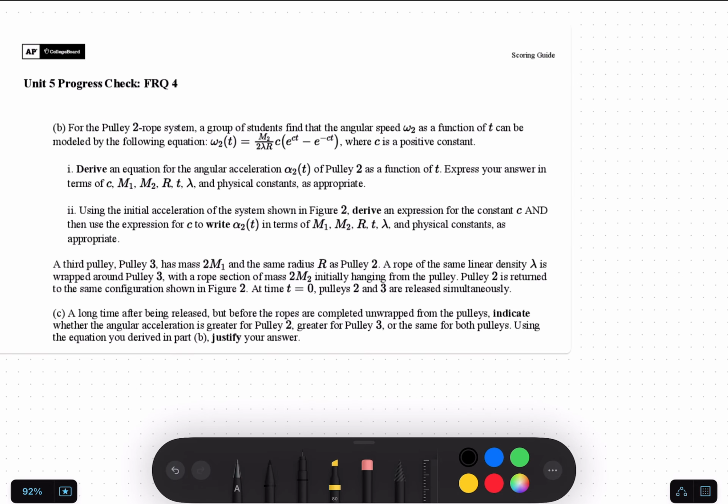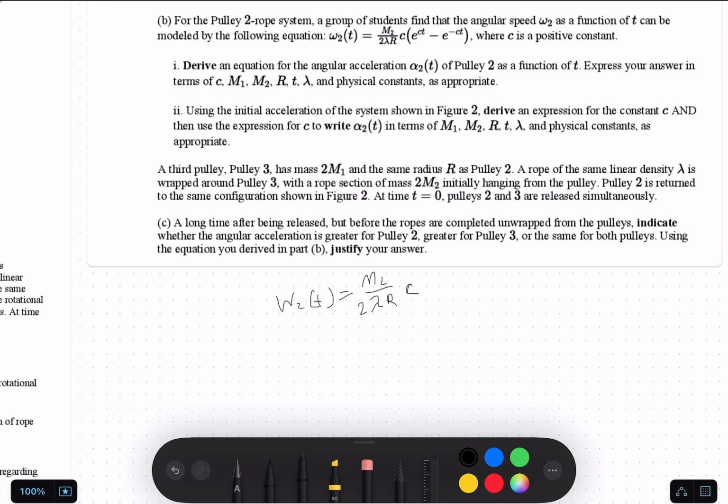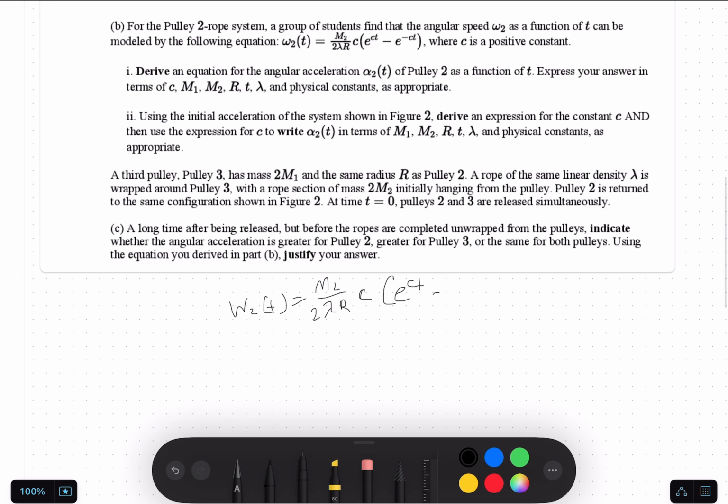So they found that the angular speed is equal to m2 r c, where c is a constant, times e to the ct minus e to the negative ct.